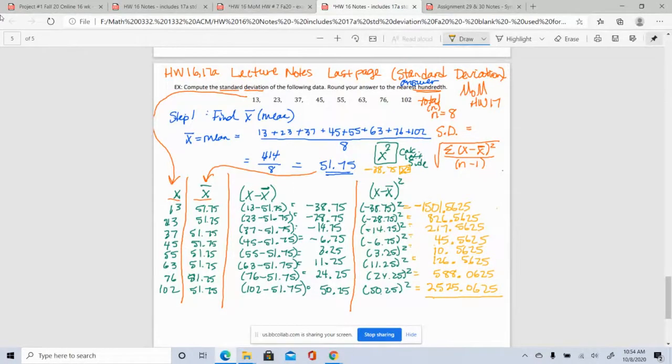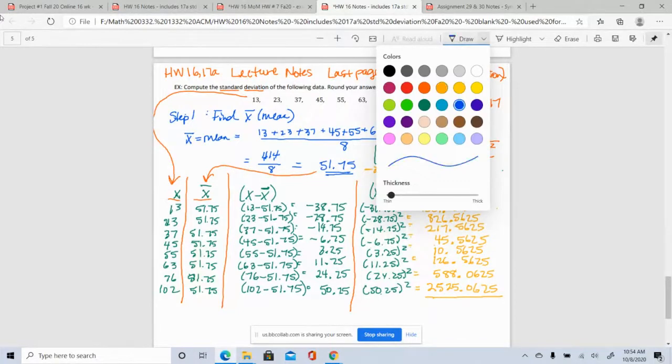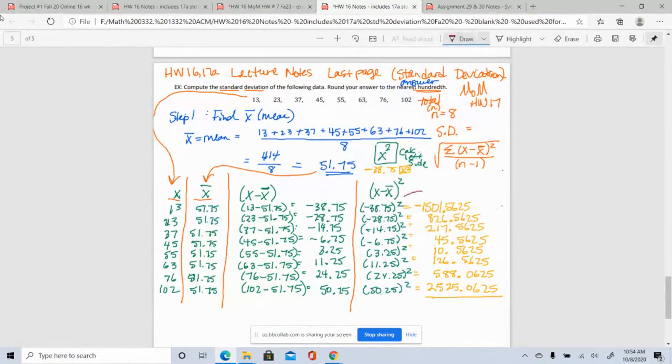Okay, so notice that anytime you have a negative squared, remember that's really like you're doing negative times negative. Let me see. Aggie Maroon looks good. Right here, negative 38.75 times negative 38.75.